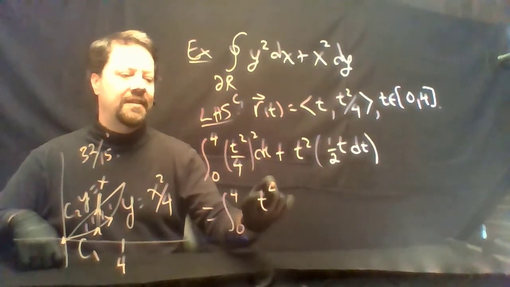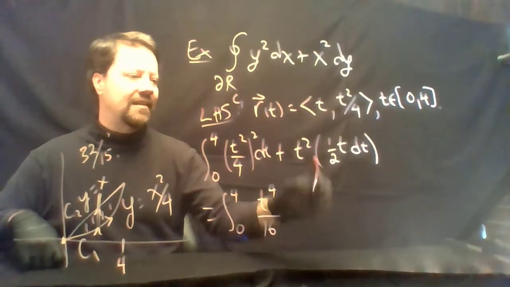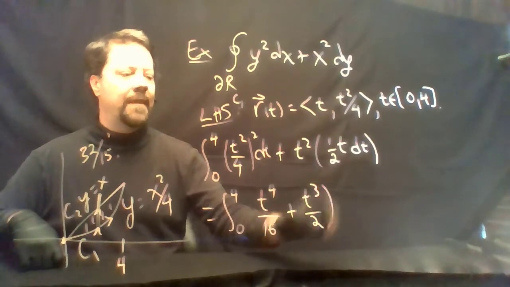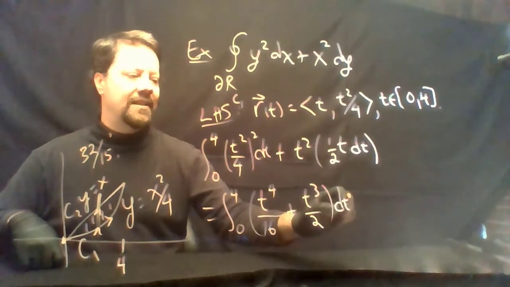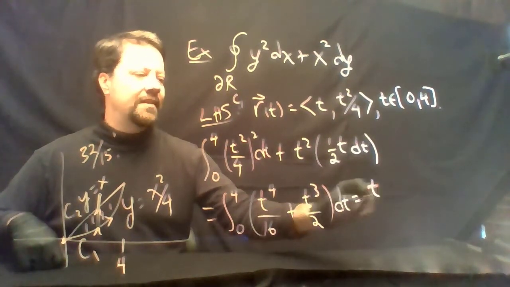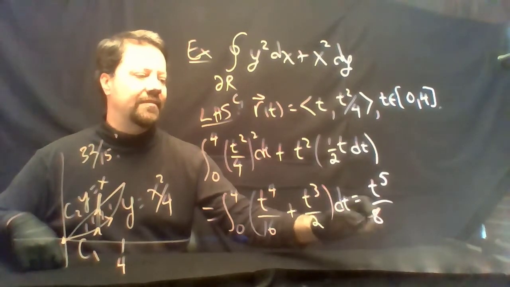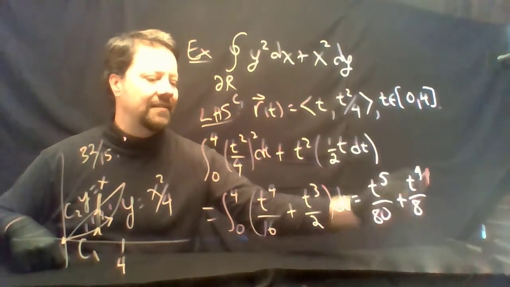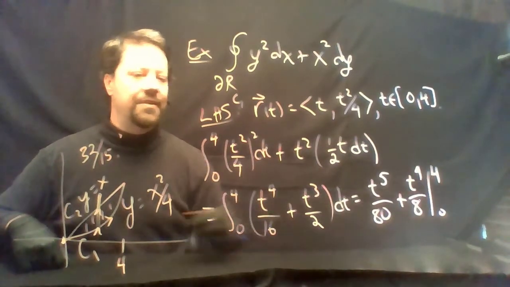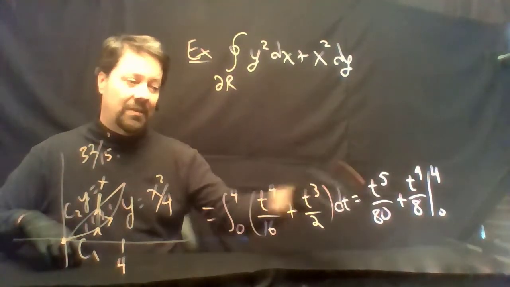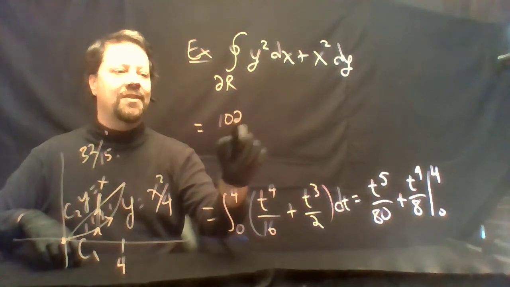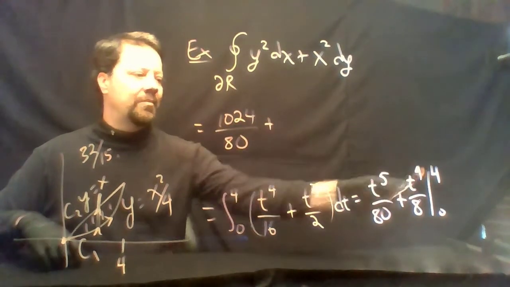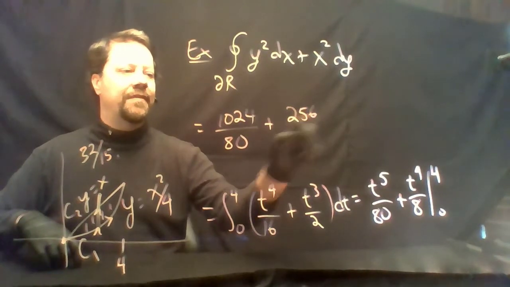We'll have t to the 4th over 16 plus t cubed over 2 dt. This gives us t to the 5 over 80 plus t to the 4th over 8 evaluated from 0 to 4. Plugging in, we have 1024 over 80 plus 256 over 8.